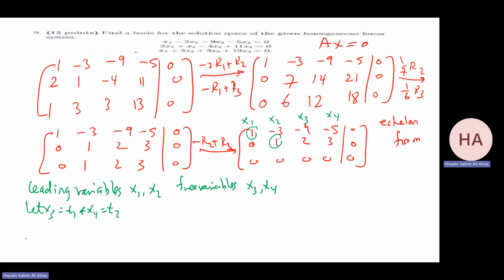So from this one, I have x1 equals 3x2 plus 9x3 plus 5x4, and x2 equals minus 2x3 minus 3x4.